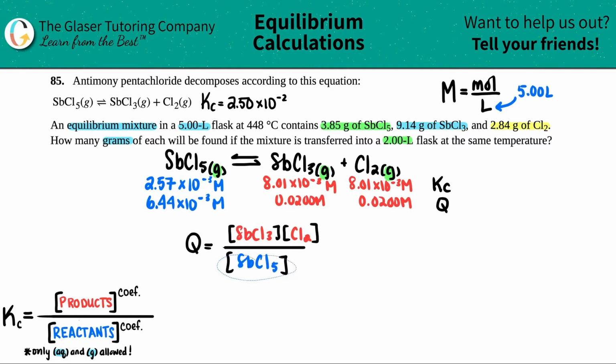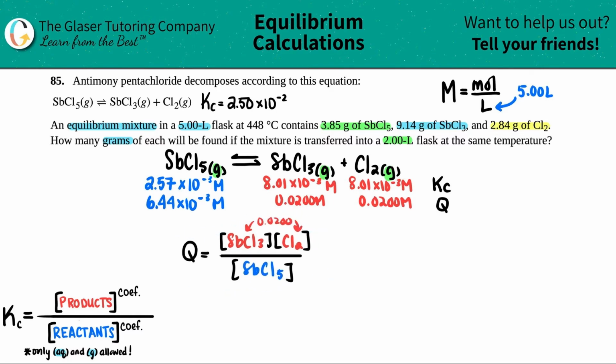Okay. And now we have this number for both the SbCl3 and the Cl2. Maybe I'll just bring this down a little bit. And then this value for the 6.44 times 10 to the negative third. And we have to find out what the Q is. So let's go for it.